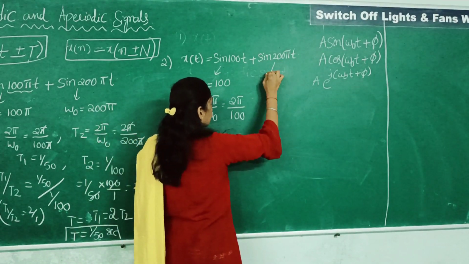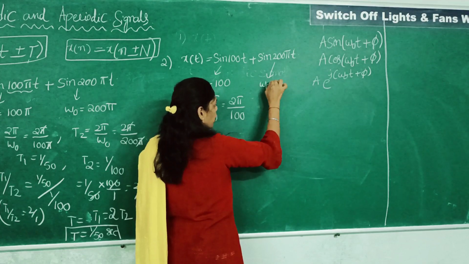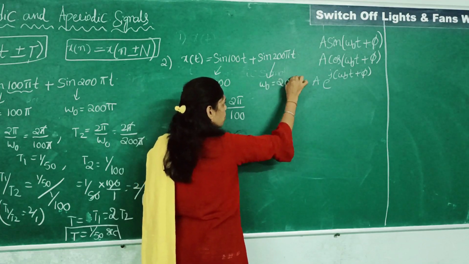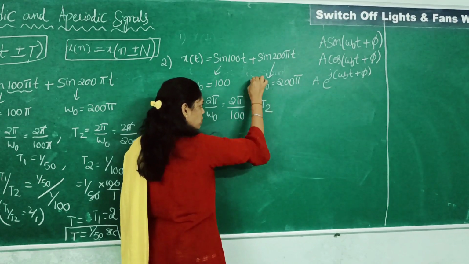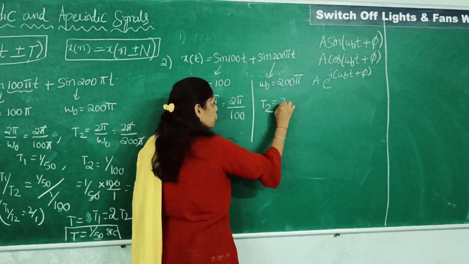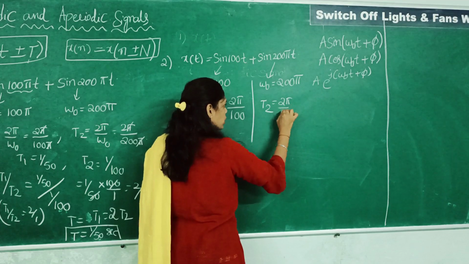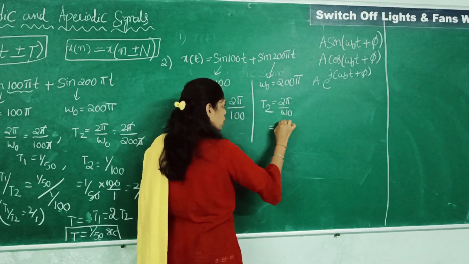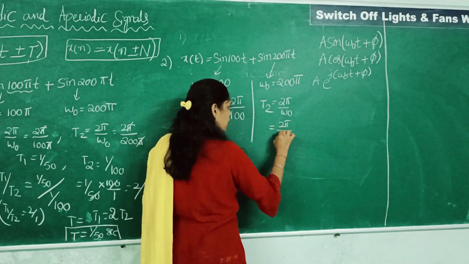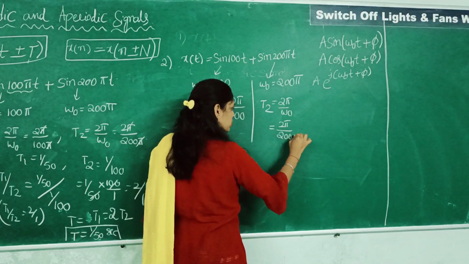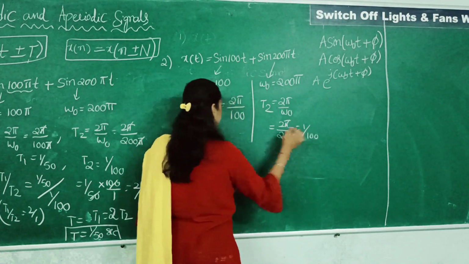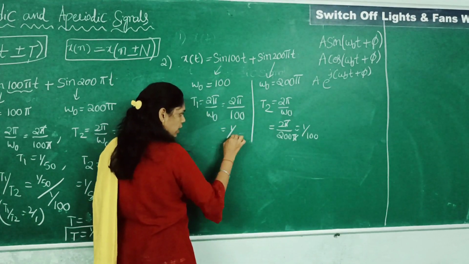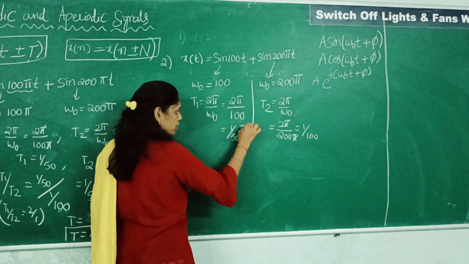Similarly, for the second one, we are calculating the omega naught value. That value is 200 pi. What is T2? You will get 2 pi by omega naught, that value is 2 pi by 200 pi. The value you are getting is 1 by 100. The T1 value we are getting is 1 by 50 pi.